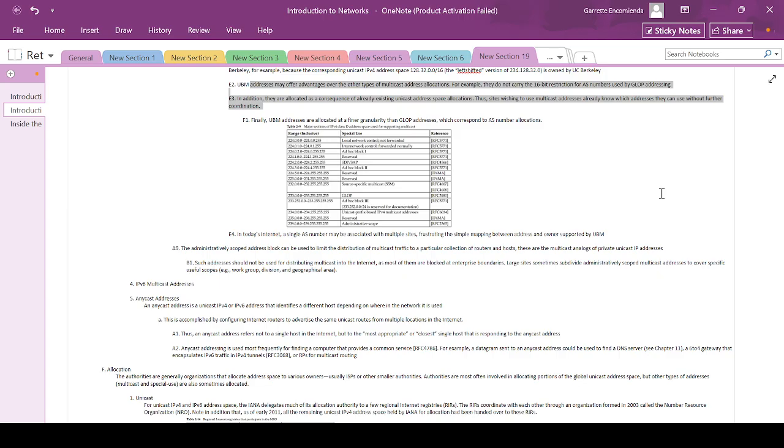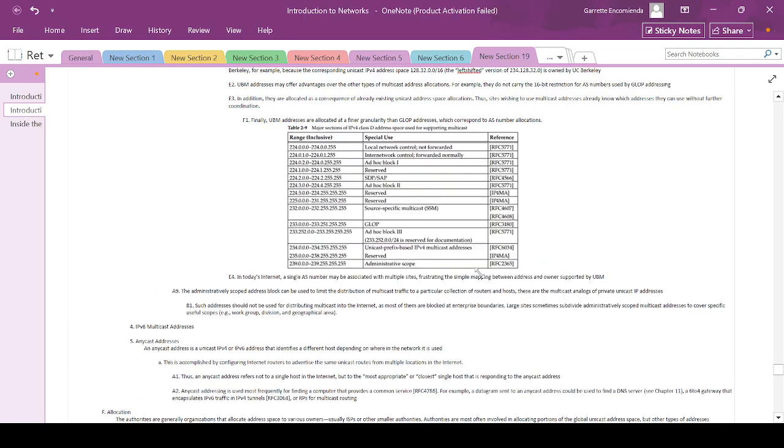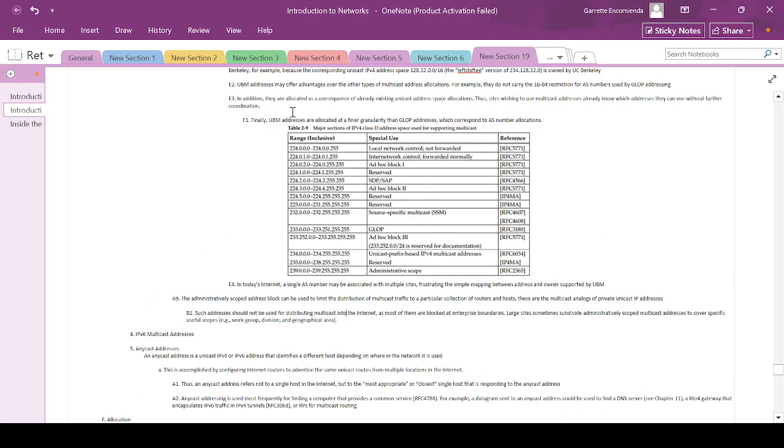Thus, sites wishing to use multicast addresses already know which addresses they can use without further coordination with the IANA. Because it's already provided to them if they convert it. So finally, UBM addresses are allocated at a finer granularity than GLOP addresses, which correspond to AS number allocations.